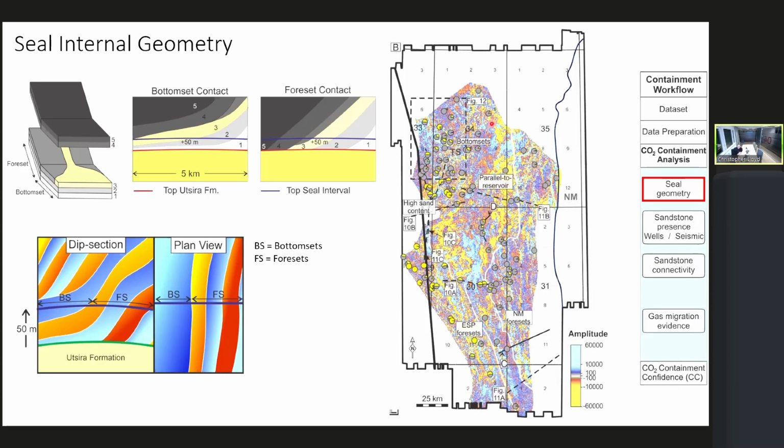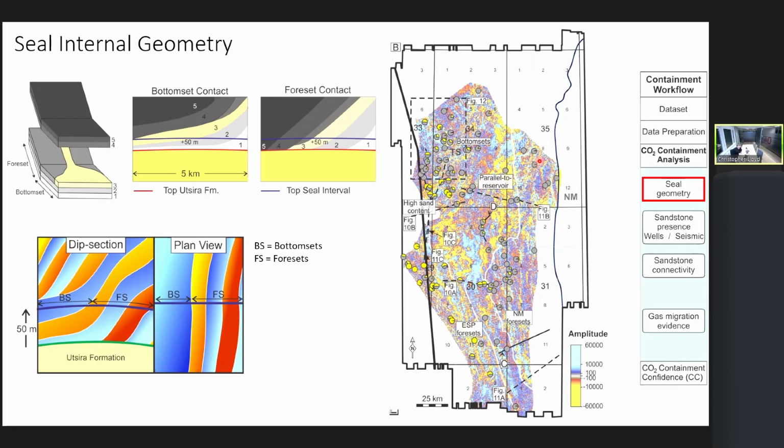If we overlay the wells on top of this, these are the sandstone to mudstone percentages of just the 50-meter seal interval. We can see that where we have identified the East Shetland platform foresets, they are sand rich, whereas the Norwegian mainland clinoforms are sand poor.